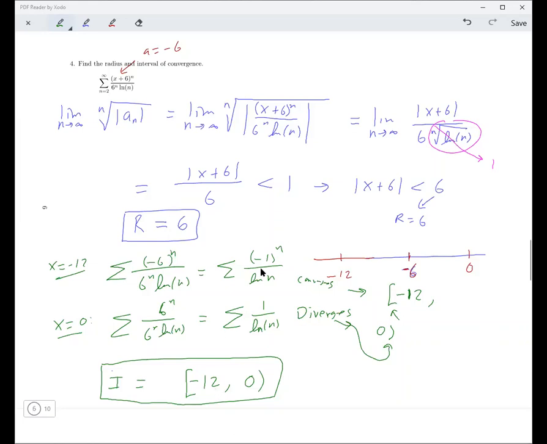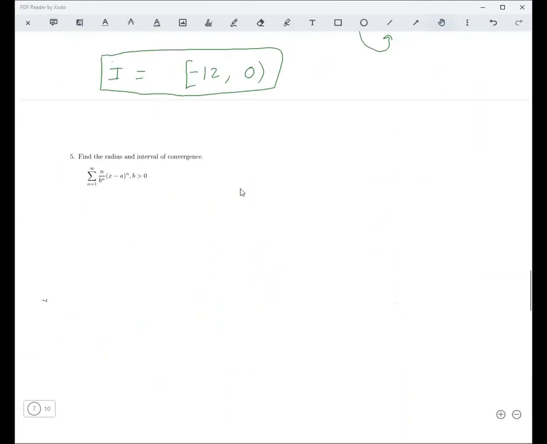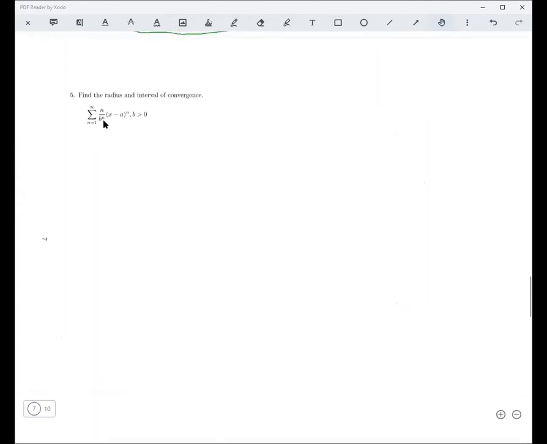Let's look at number 5. Find the radius and interval of convergence of this one. Here we have an a and a b in there. The easiest one here is probably the root test again.